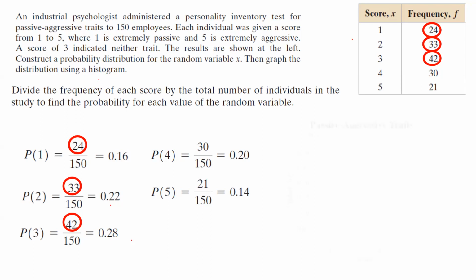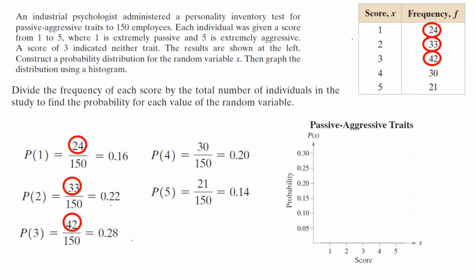Okay, let us begin. For a histogram, we need a horizontal line, which indicates x values, starting from 1 to 2, then 3, 4, 5, all listed on the x-axis. On the vertical line, since the highest probability is 28%, I'm not going to go more than 30%.